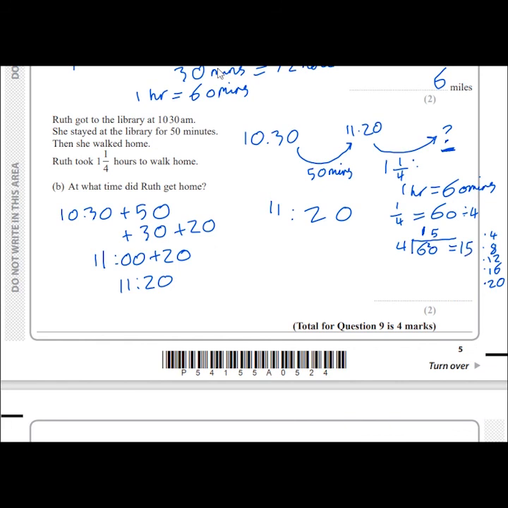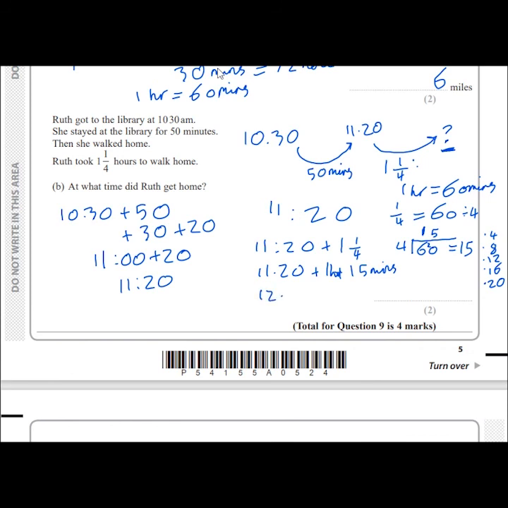So now 11:20 plus 1.25 is in fact 11:20 plus 1 hour plus 15 minutes. Just add an hour in there to make it clear. So first we're going to add on the first hour. That's nice, easy.